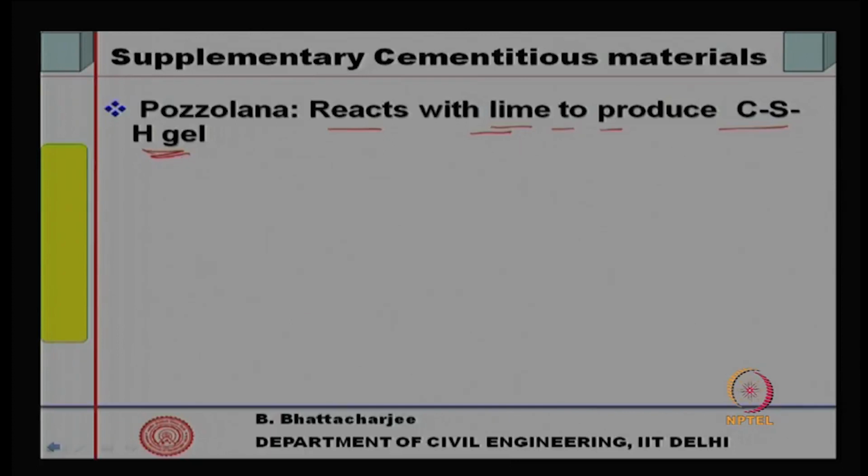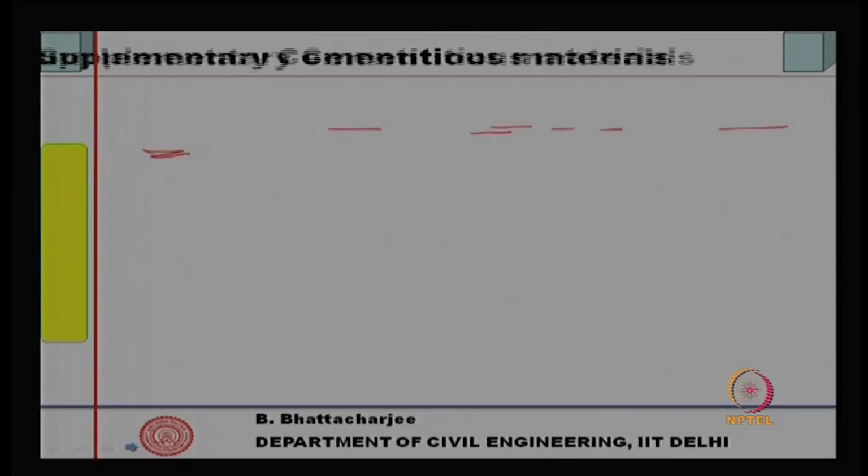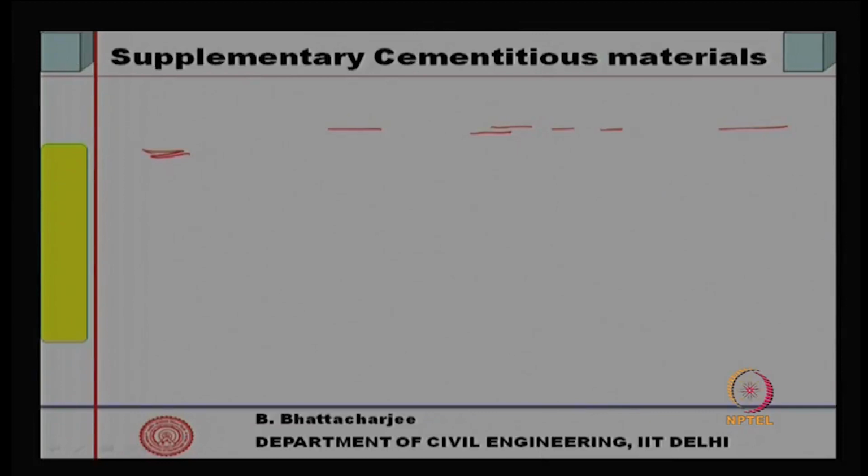This was actually discovered pretty early, like the volcanic ashes I mentioned in Roman civilization. They used volcanic ash together with lime and found that it can give similar cementing property. In India, as I said, lime and surki.